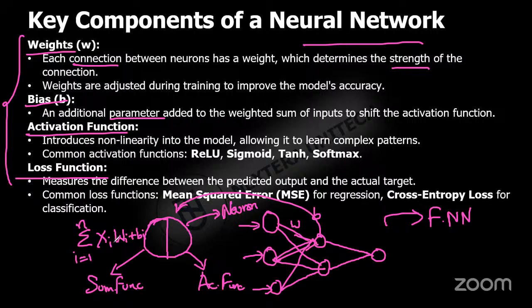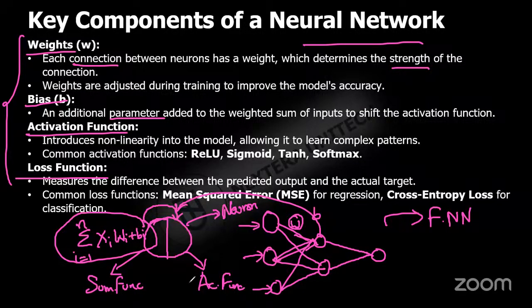The input values get multiplied with the corresponding weights, and the bias that gets initialized gets summed up. This is what happens in the summation function, and this output of the summation function will be passed to the activation function.